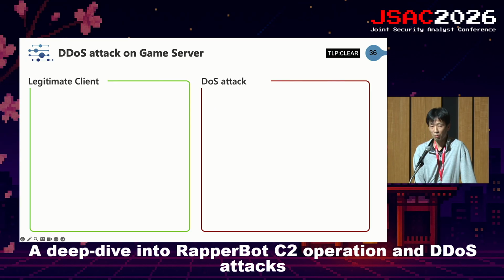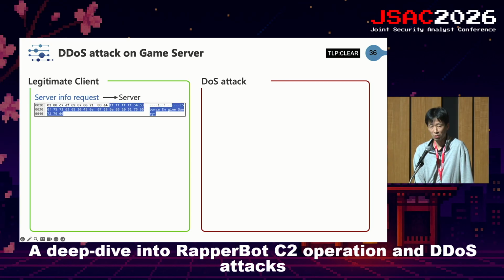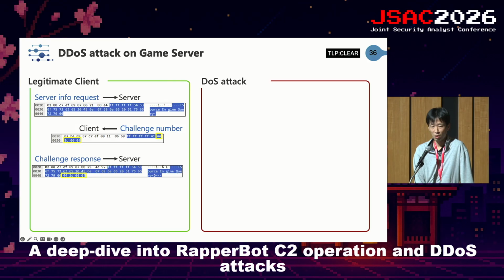Now, we set up a gaming server and see what happens. On the left are the authentic client's communication, and then the same query is sent to the server with the DDoS.